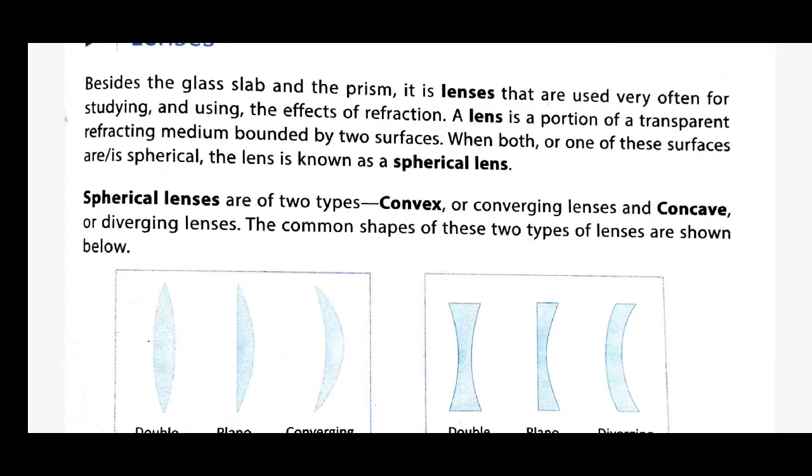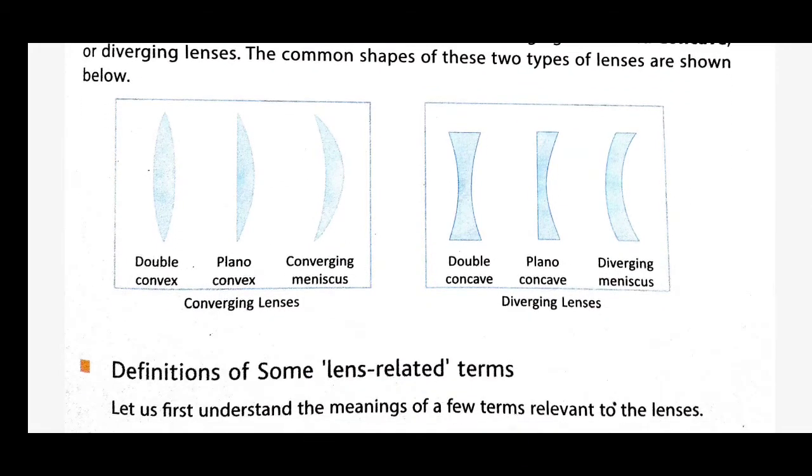So a concave lens is the lens whose both surfaces are concave, like a cave, shallower in the middle.